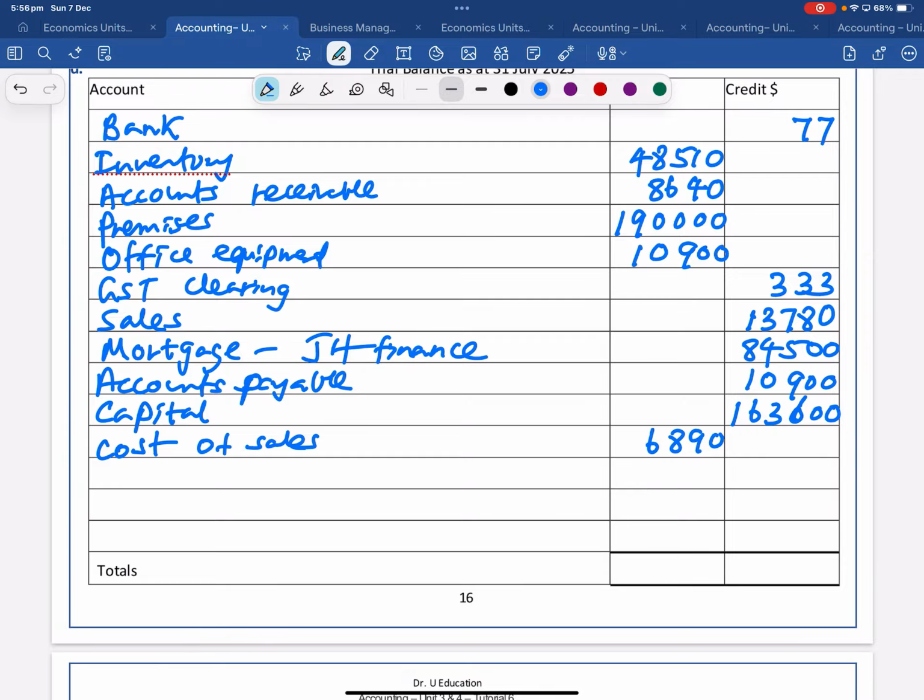Electricity. 450. Debit. Wages. 1,000. Debit. Interest expense. 200. Debit.